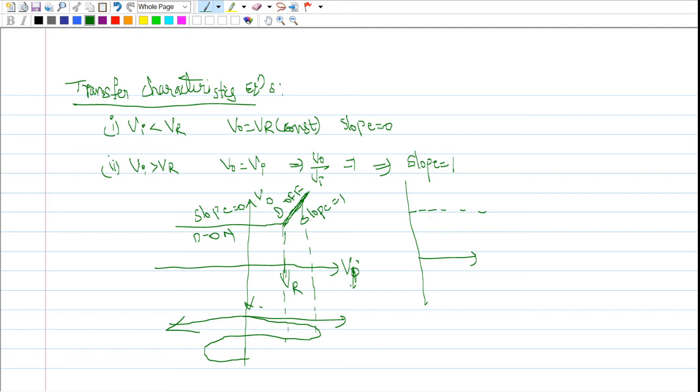This is the actual input signal, and this is the positive reference voltage. We can get this part only, and the remaining part is a clipped part. This is for the negative half cycle. This is about the shunt negative clipper with positive biasing.